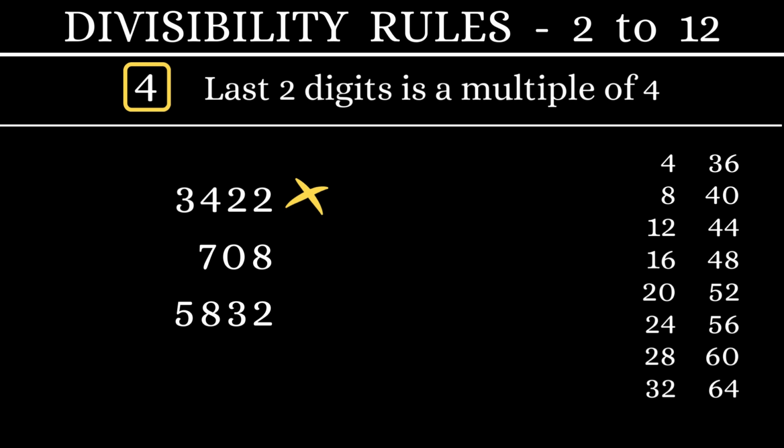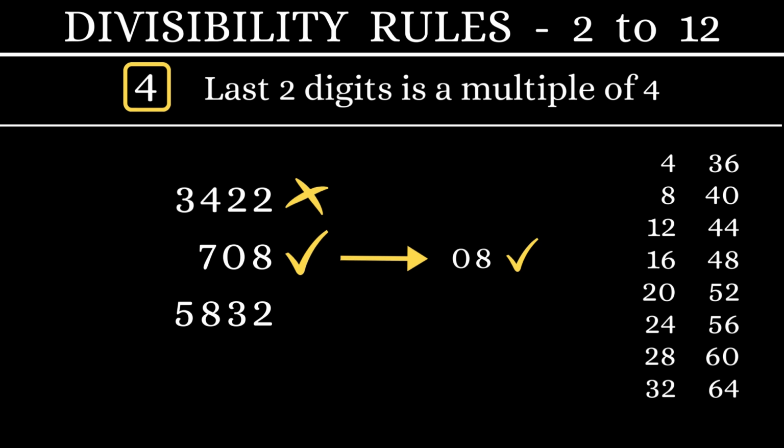Next, 708. The last 2 digits are 08 or just 8, which is a multiple of 4. Hence, the number 708 is divisible by 4.